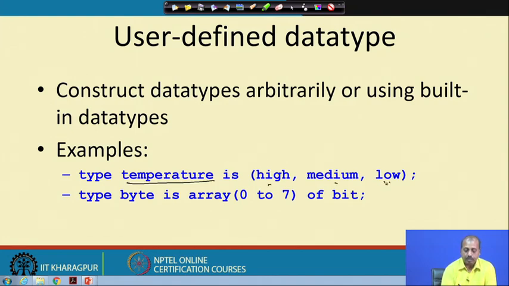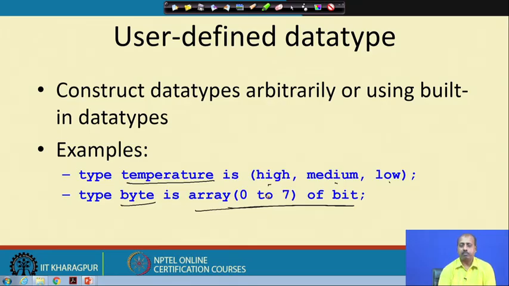The second one defines a type called byte, and it says that this is an array 0 to 7 of bit. Okay. So, next, if you say that I have a signal x of type byte, this means that it is an array of bits 0 to 7. Or if you have T of type temperature, it can take up the value high, medium or low.